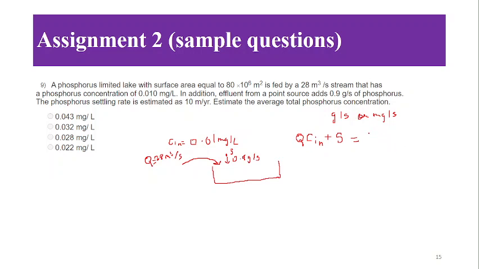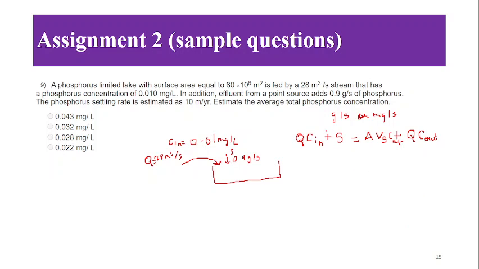Accumulation is given in meter per year, so it is length per time, and we have been given the surface area. So surface area times the settling rate, which I am denoting as Vs, will give me the rate of accumulation of phosphorus, plus Q C out, and this will also have C out.